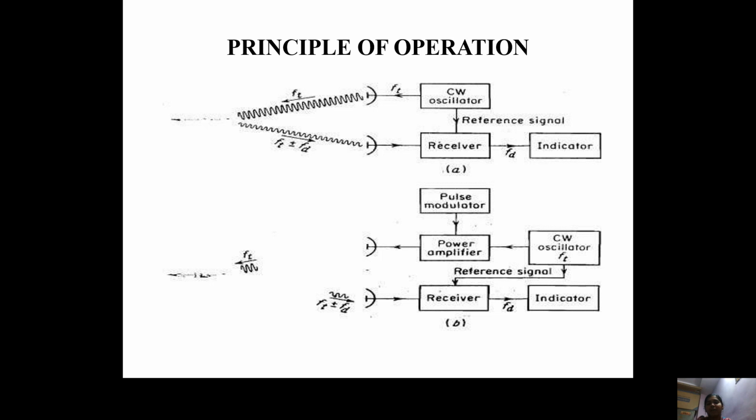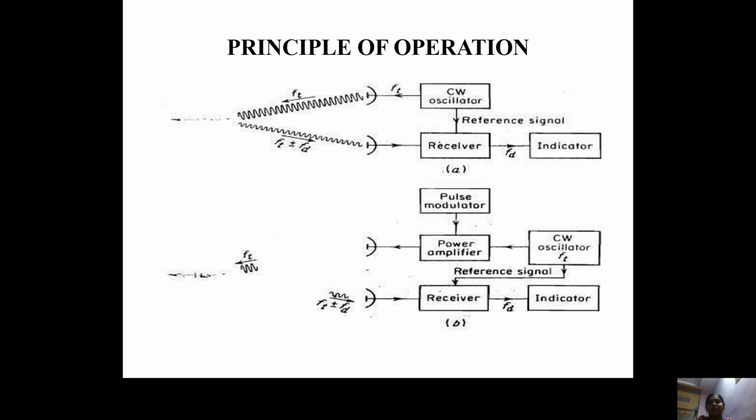Otherwise, whenever the pulse modulator turns off the power amplifier, the signal cannot be transmitted, so that we can generate the pulse train here. Did you understand?